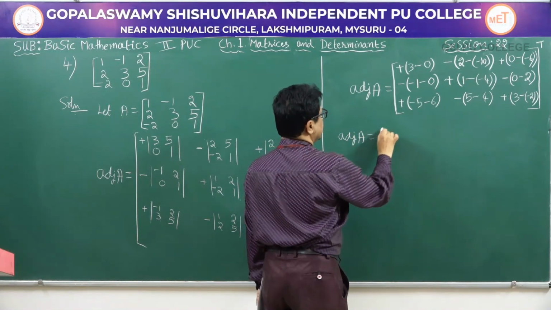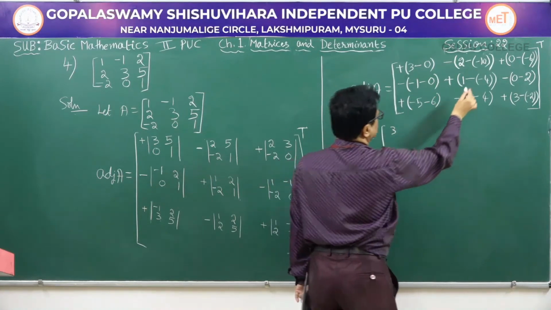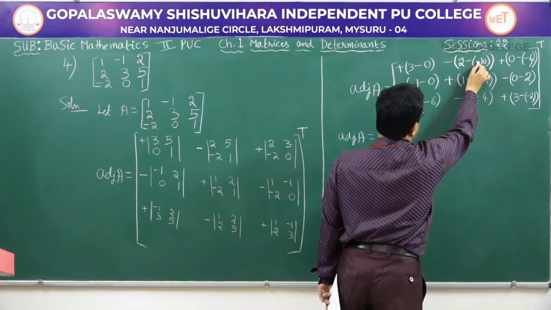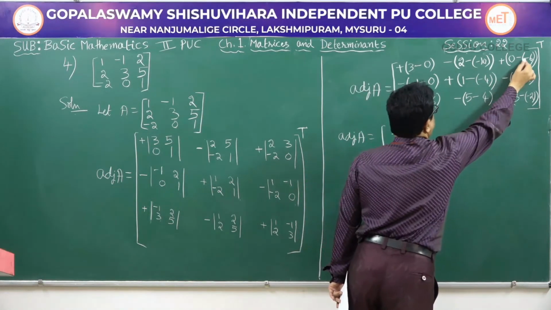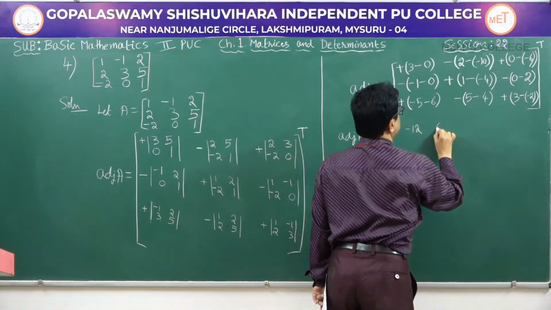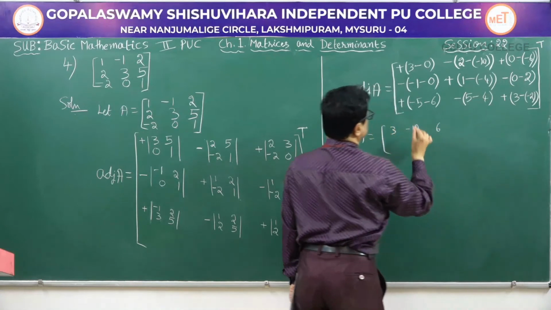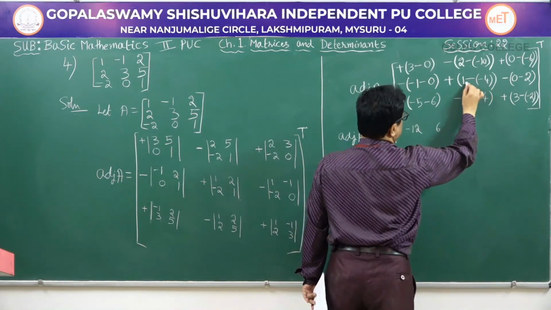So adjoint A is equal to, so 3 minus 0, 3; minus into minus plus, 2 plus 10, 12. So minus 1 into 12, minus 12; minus into minus plus, it is 6; minus into minus plus, 1 plus 4, 5.